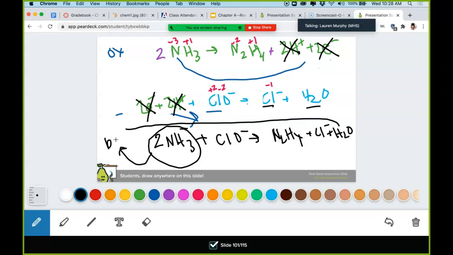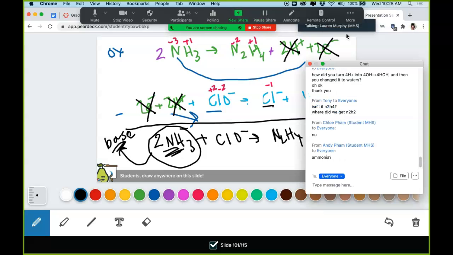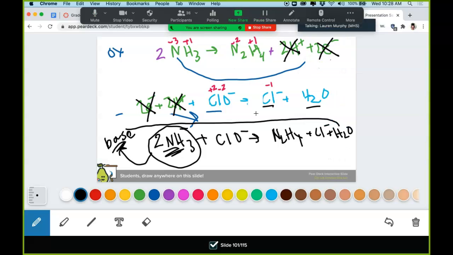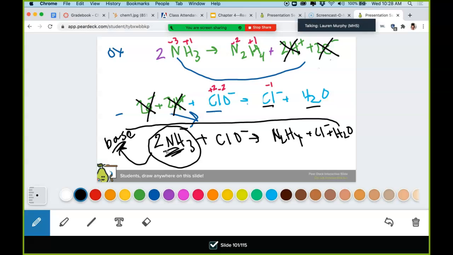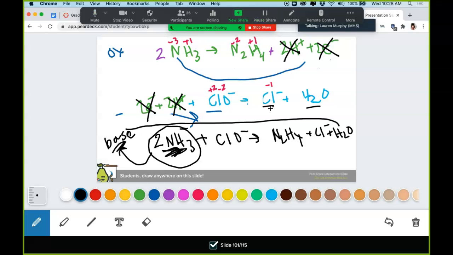Ammonia is a base, like the ammonia used in cleaner. It is not a strong base, it's a weak base, but it's still a base. So you do have base floating around in there. It's just disguised as ammonia instead of hydroxide. So good job, Andy. You got that right. This being present is what makes the solution basic. Questions before I move on?